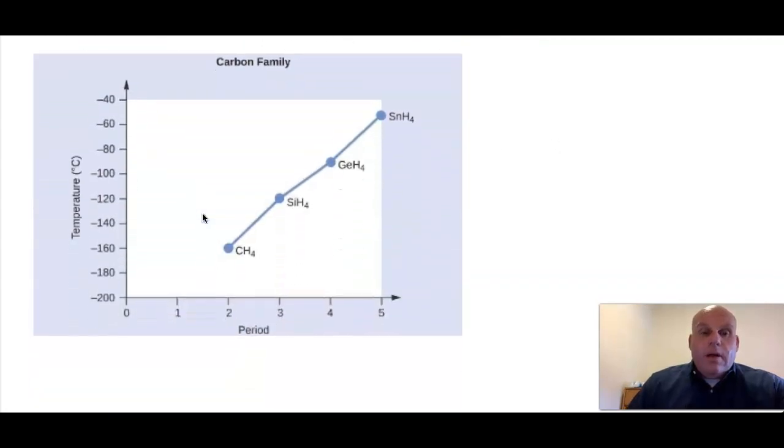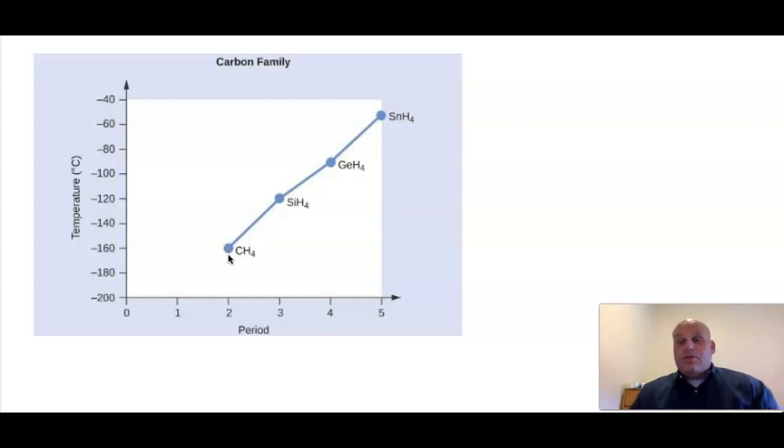Here's an example of changes in London dispersion forces in the same family, right? So carbon and hydrogen, silicon and hydrogen, and so forth in that same group, you can see that the temperature is increasing pretty significantly as the size of our molecule or the number of electrons present increases. Okay, so this would clearly be the smallest.